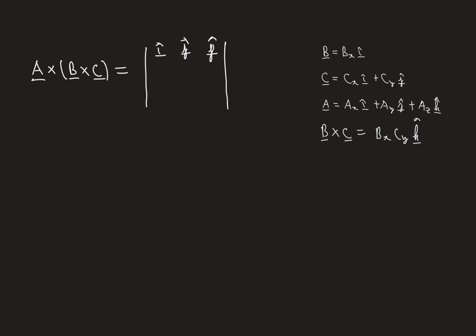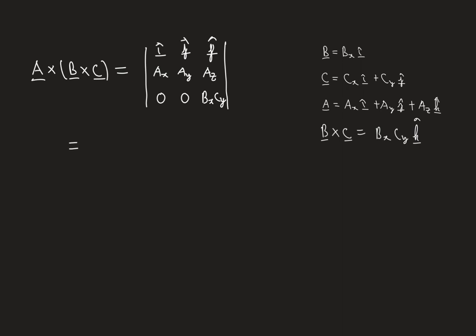Now we can compute the rest of the vector triple product by once again using our determinant form. Note that here we have the cross product between two vectors, because b cross c is one vector, which is given over here, and we have our second vector a. I've written down the components for each vector, and remember that for cross products the order matters. So first you need to write down the components of a in the determinant, and then write down the components of b cross c.